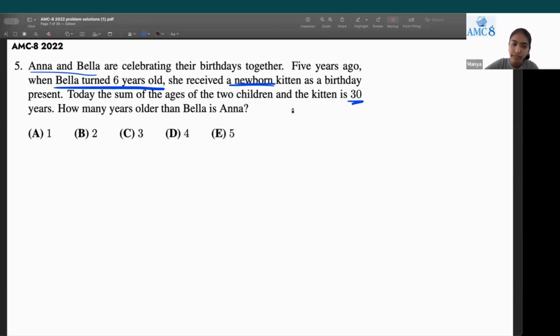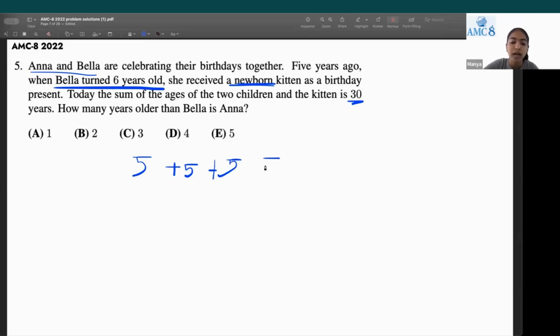So 5 years ago, Bella would be 6 years old, she would have a newborn kitten, and Anna would be 5 years younger. To get to the present, we have to add 5 years to Bella to know the present age, 5 years to the newborn kitten, and 5 years to Anna as well.